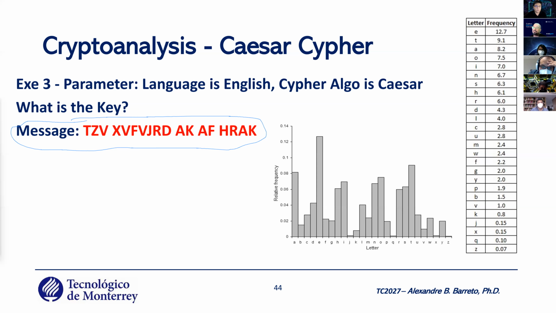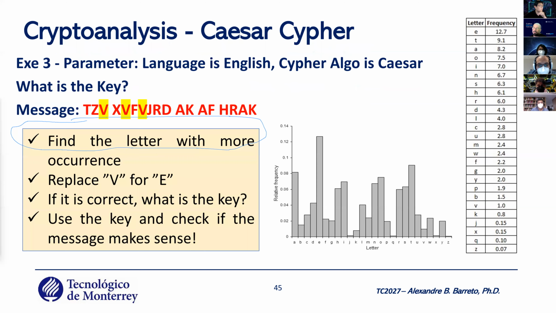Okay, guys. I will show the process first, okay? The first thing that you need to do is find the letter with the most occurrences. See in the message, the letter V, you have 1, 2, 3, and the letter A, you have 1, 2, 3.